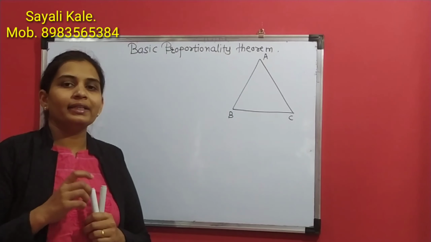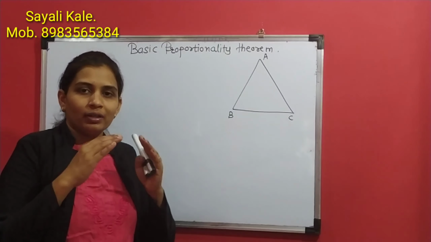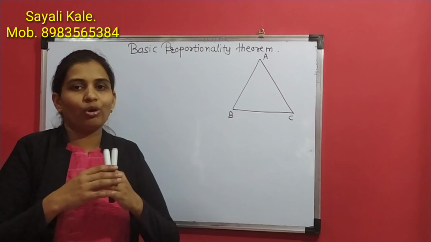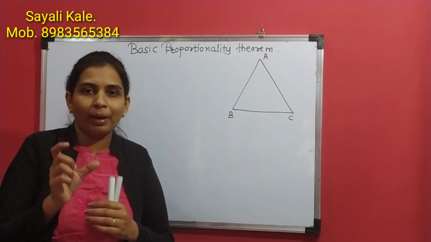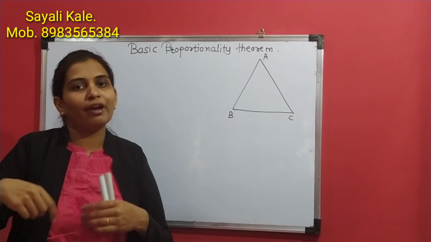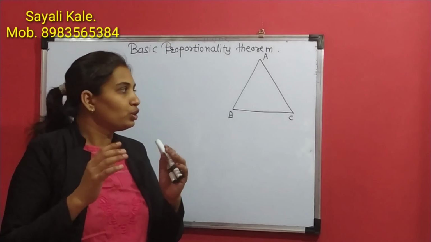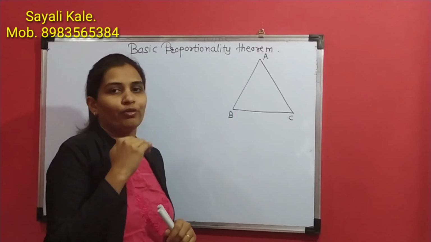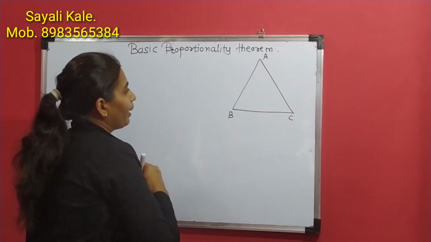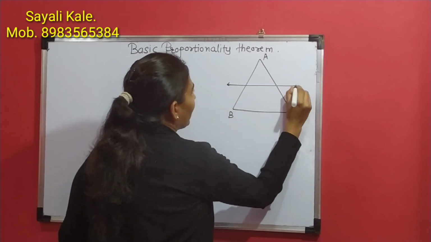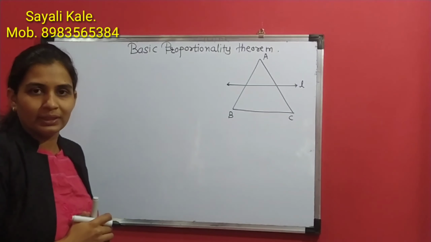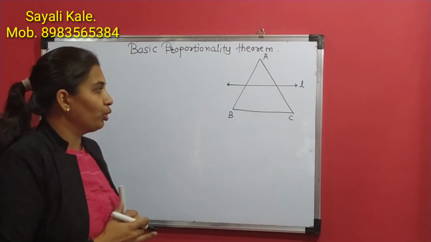Antecedent means the information which we have been given, and consequent means the part of the statement which we have to prove. So we are given, if a line is parallel to a side of a triangle, so I must draw a line which is parallel to side BC. Is it clear, guys? Good.